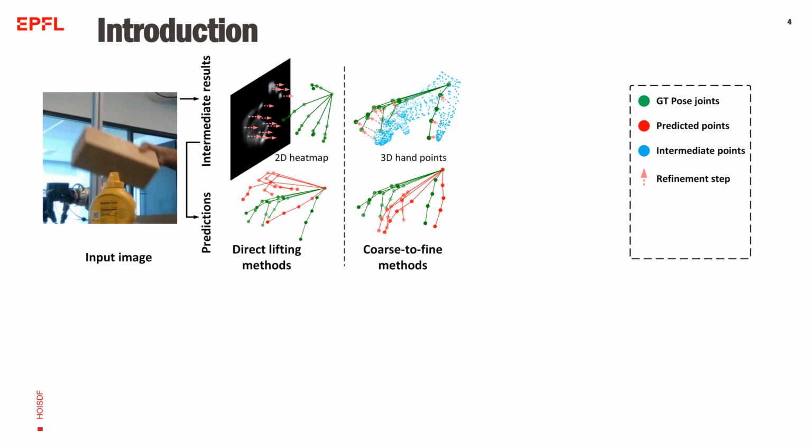Coarse-defined techniques make an initial 3D prediction from the 2D image and improve upon it with a refinement network. The intermediate representations can either be hand joints or hand vertices, which require both global and local clues and easily get suboptimal results that are hard to refine in the following stages.